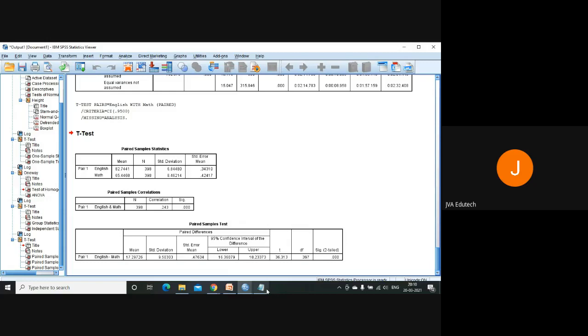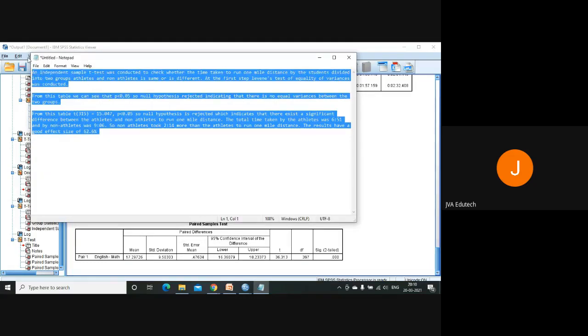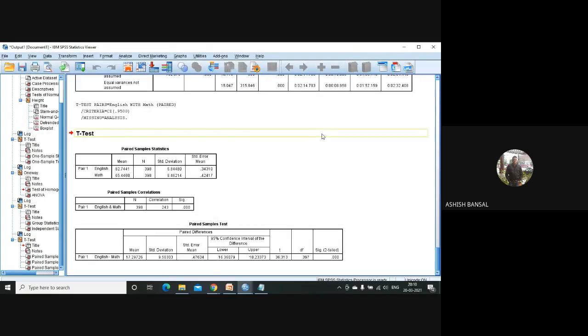Now this we can write like this. To test that whether. So there is a question. Yes, sir, in this we have taken two different groups, like English and math.